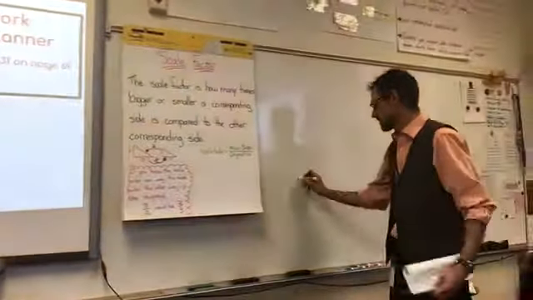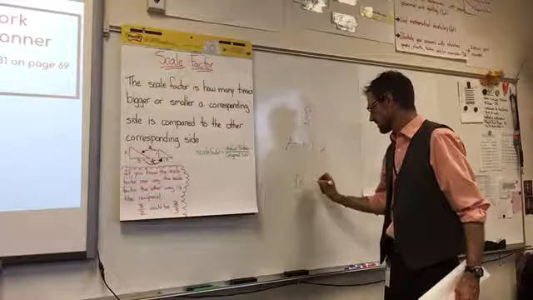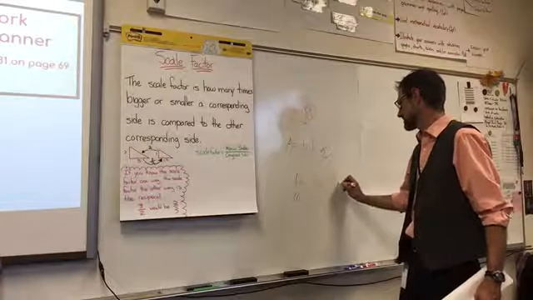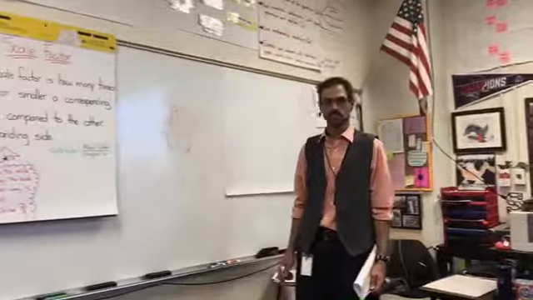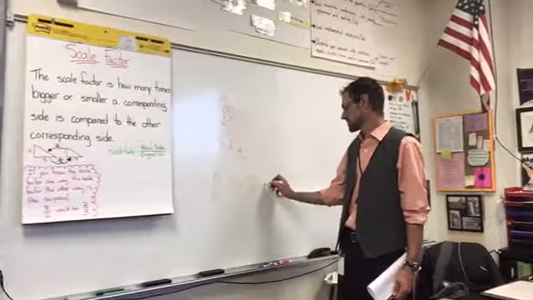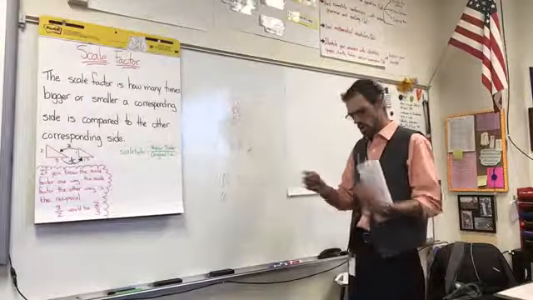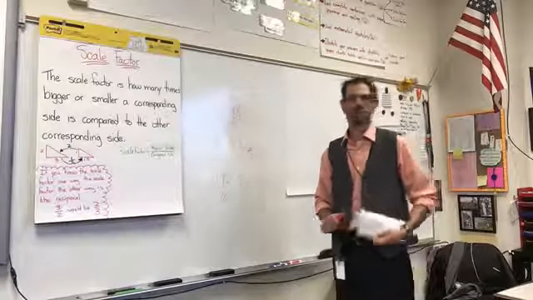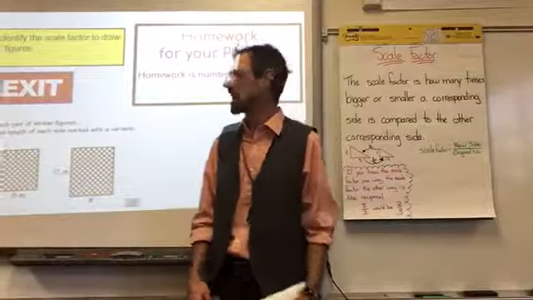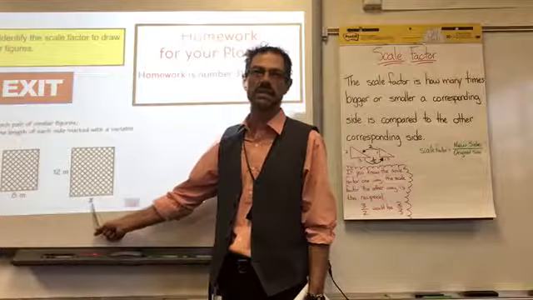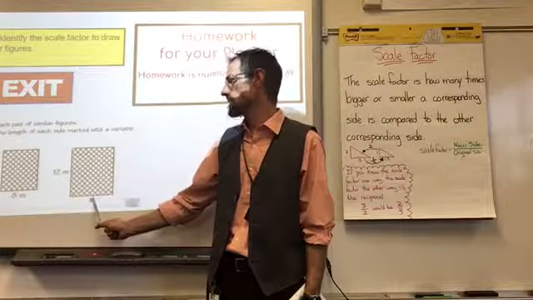I'm going to get 12 tenths multiplied by 8. I get 96 over 10, which then equals 9.6. What's that 9.6 mean? 96 tenths. Yes, 9.6. But that is that side length there, and it's 9.6 meters.